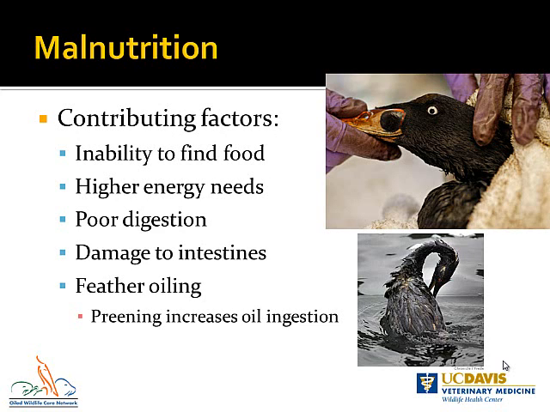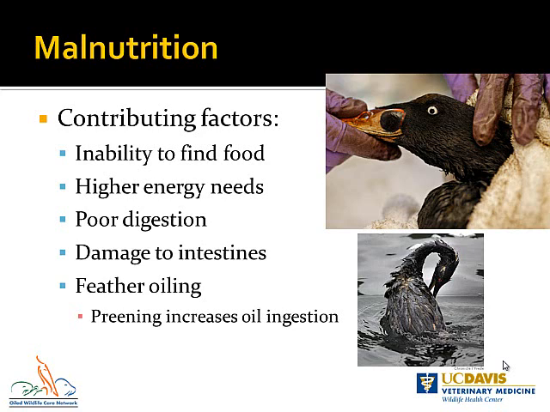Okay, another huge effect is malnutrition. So the contributing factors for this are, first of all, inability to find food. These animals are already compromised. They have a hard time foraging. They're trying to stay buoyant, all of the other factors that I talked about. They have higher energy needs because of what I talked about, trying to stay warm, trying to stay buoyant.